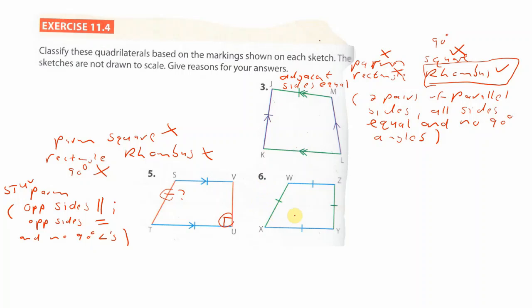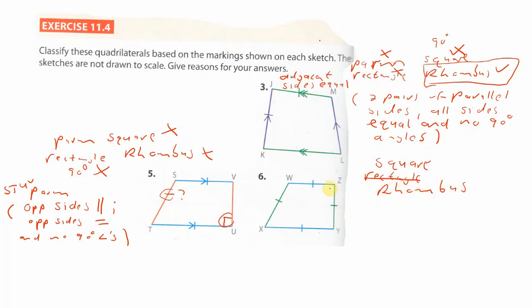Number 6. Let's see, we have equal sides all along. What are our possibilities? Only the rectangle. Nope, not the rectangle. Only the square and the rhombus.